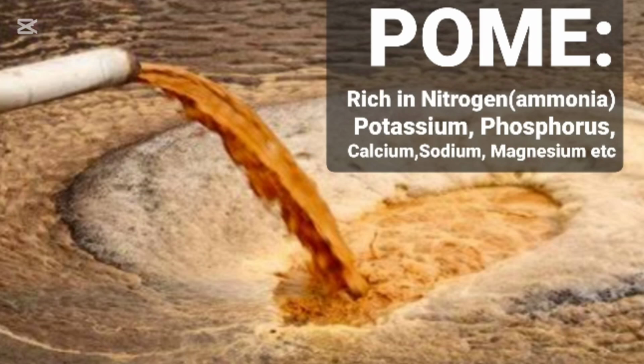If you have gone to any place where they are processing oil palm, you will find out that of the total quantity of water used, when the oil is extracted, there is this volume of thick, yellowish substance that might contain some quantity of oil as well, left as the byproduct. That is called POM.